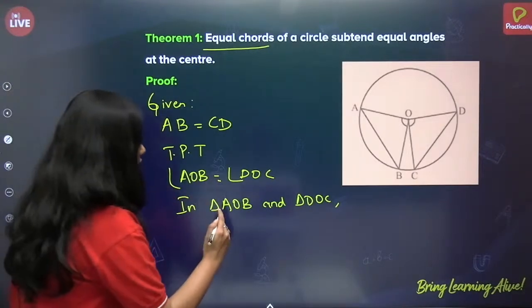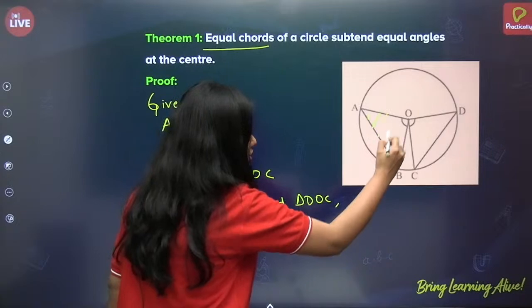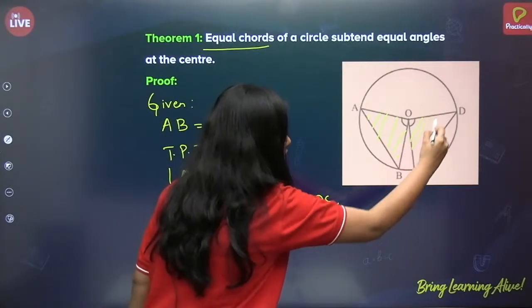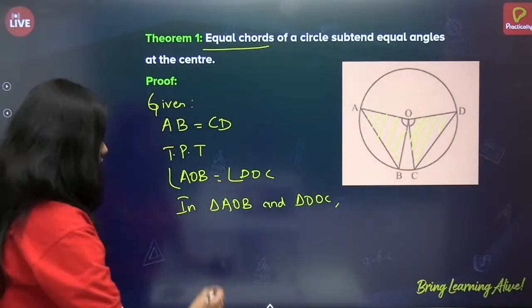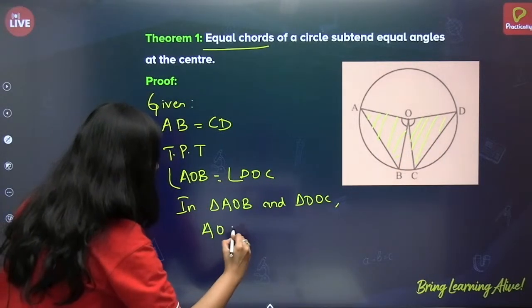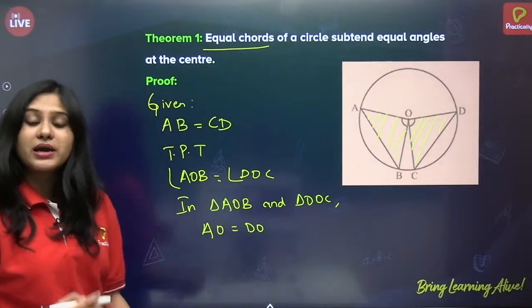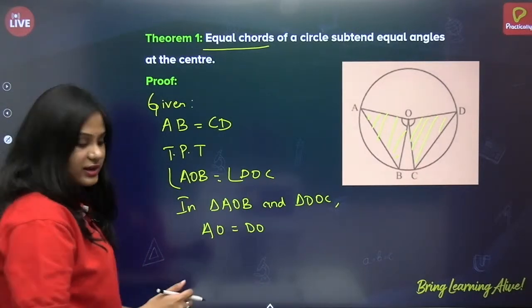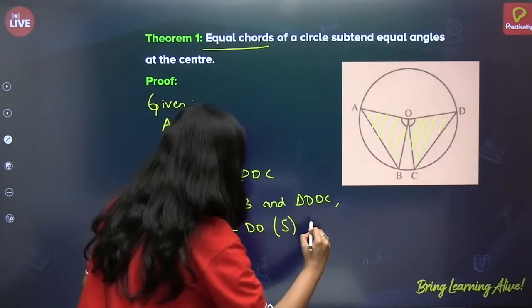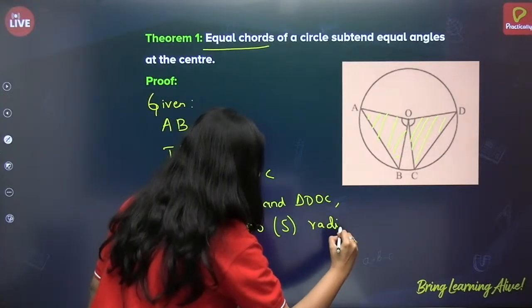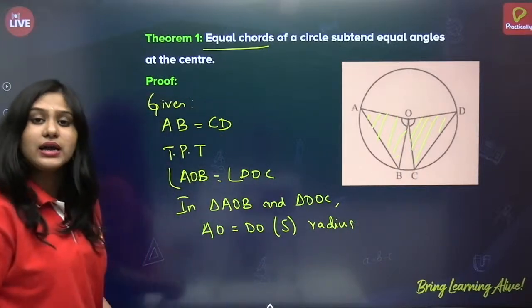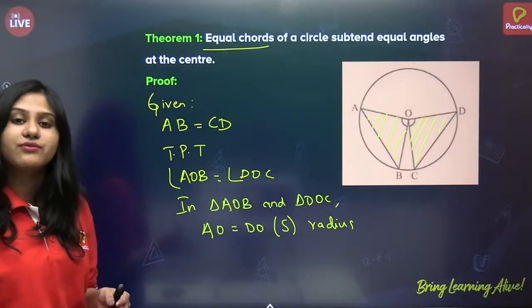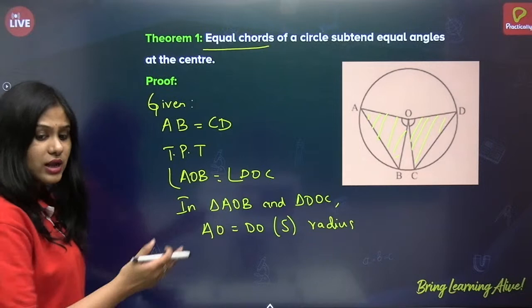Now, in triangle AOB and in triangle DOC, I know that AO is equal to OD, or AO is equal to DO. Why? Because it is the radius of the circle, correct? So, this is a side. This is a radius. Next, again OB is equal to OC. Why? Again it is the radius of the circle and we know that all radii are equal, right?